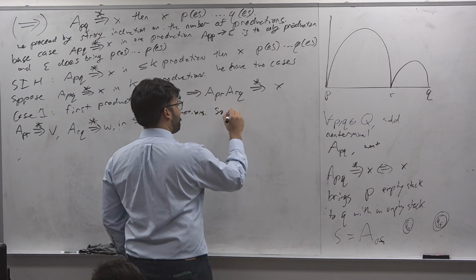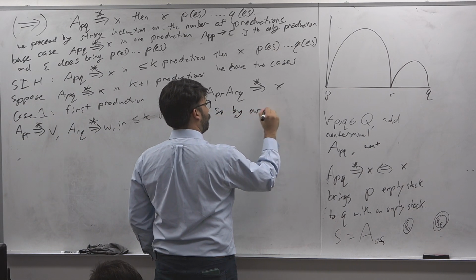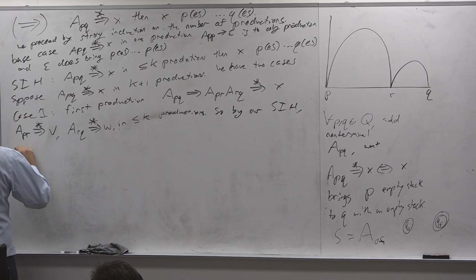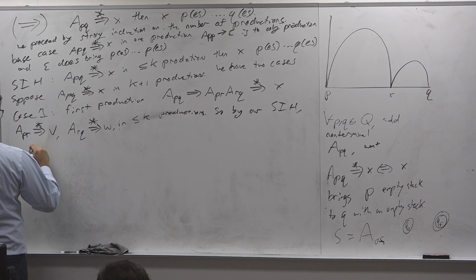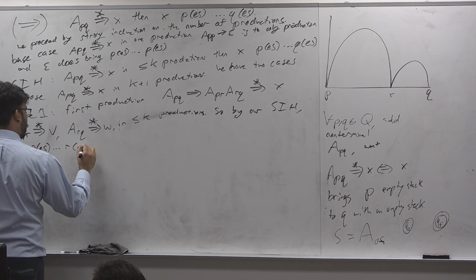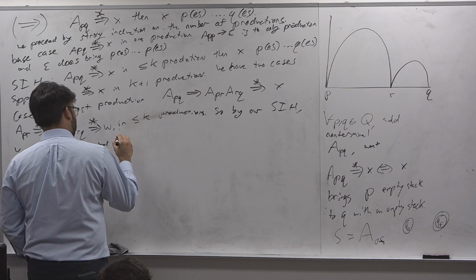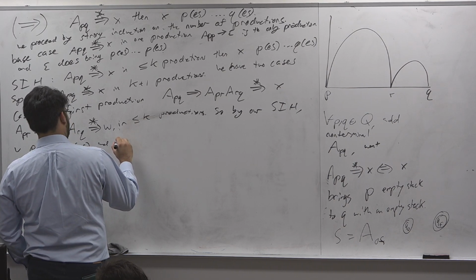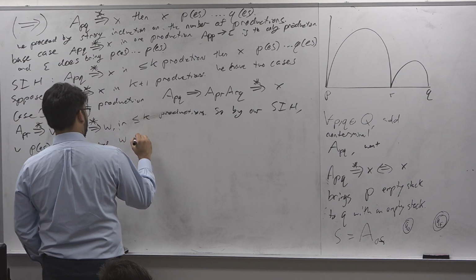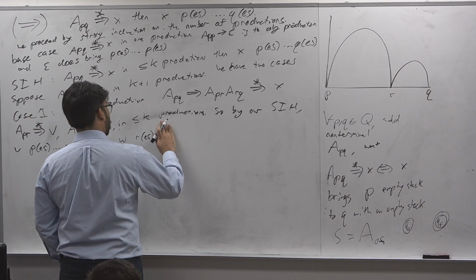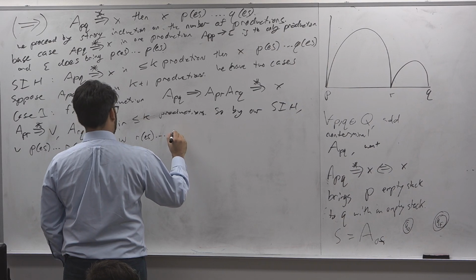So by our strong inductive hypothesis, we can say that V brings the PDA from P empty stack to R empty stack, and W brings the PDA from R empty stack to Q empty stack.